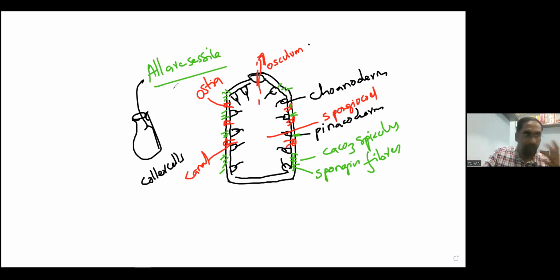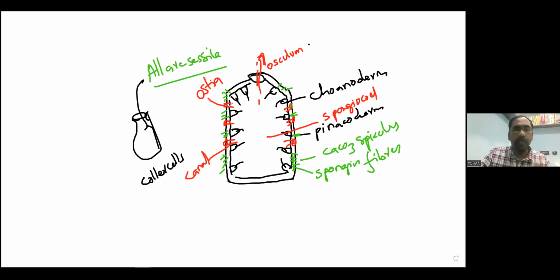Coming to levels of organization, cellular level, asymmetrical, acoelomate. And all over the body, we can find small openings called ostia. The inlet openings are called ostia. They lead into small canals.